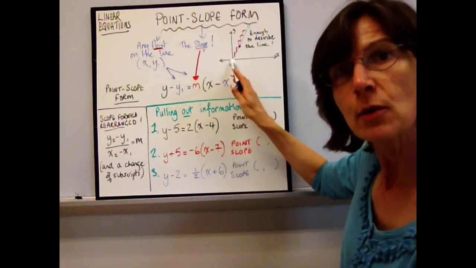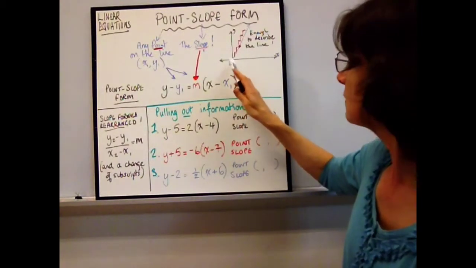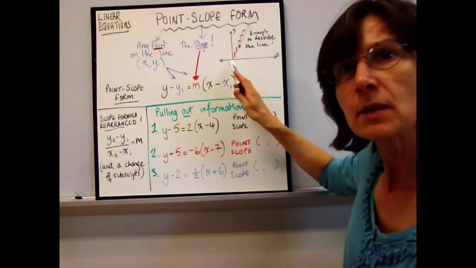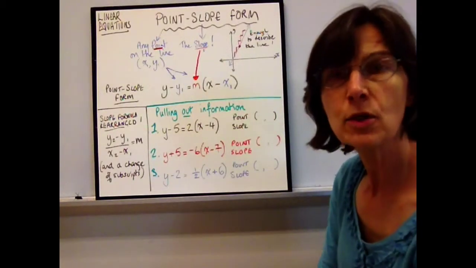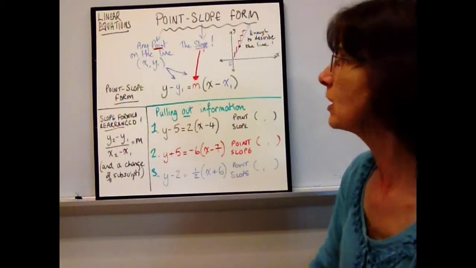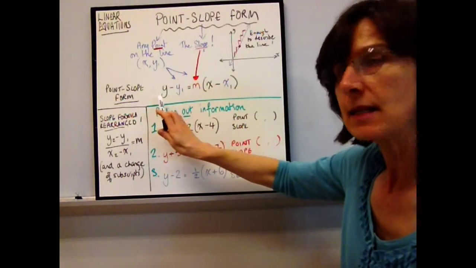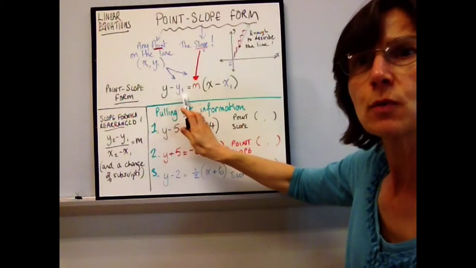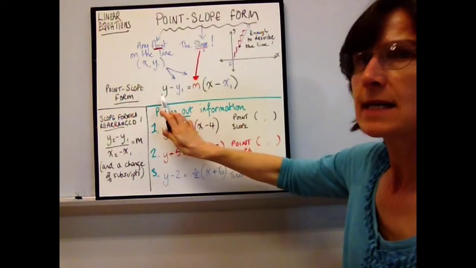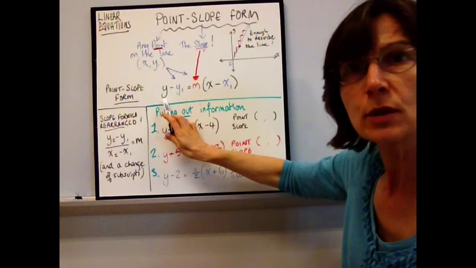We're used to slope-intercept form, which is when you have the slope and the y-intercept. But we're going to pretend we don't have the y-intercept, we just have one point and the slope, and we're going to use this new form. Point-slope form is this: y minus y sub 1. Y stays as y, it doesn't get turned into a different number.